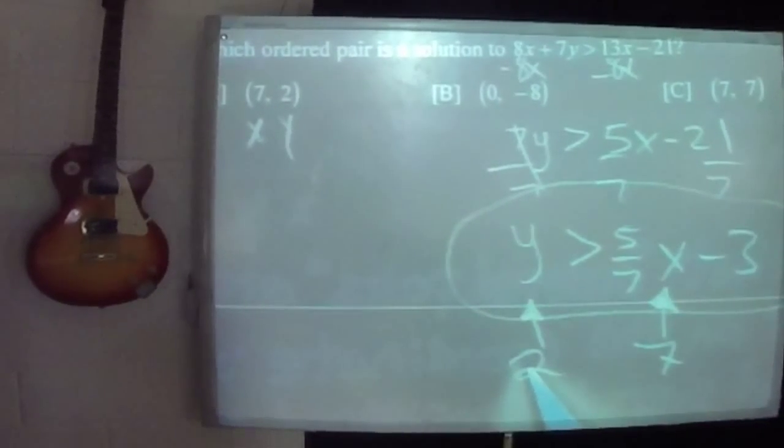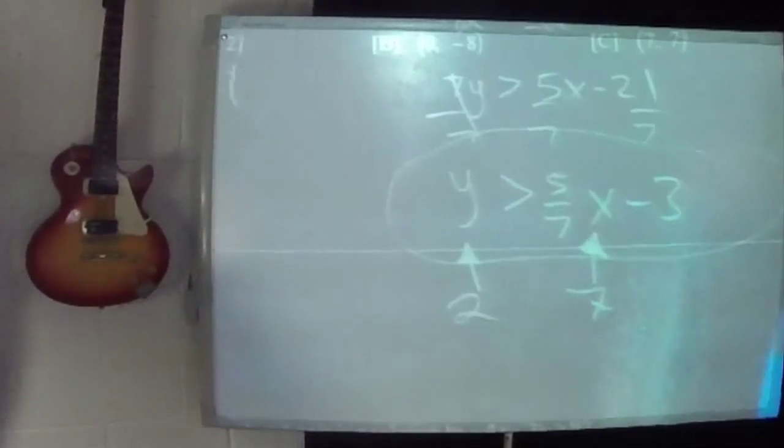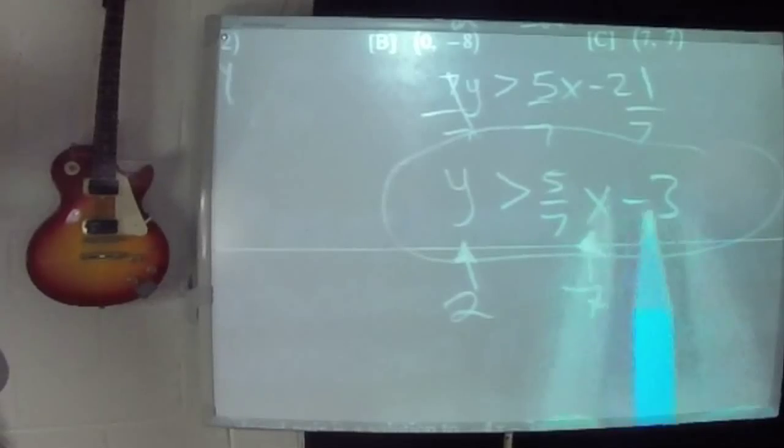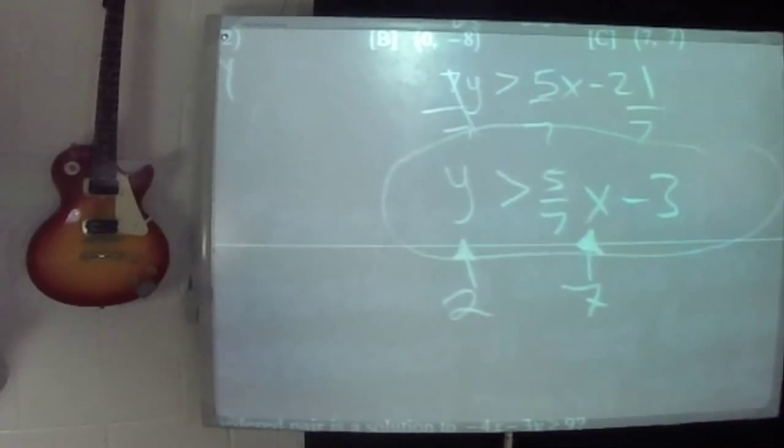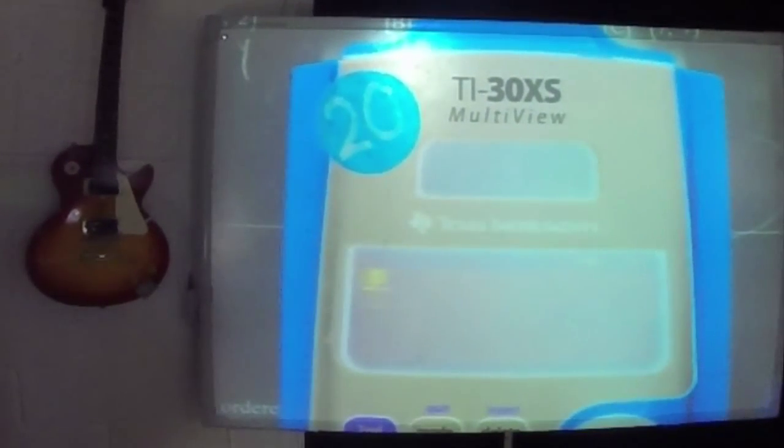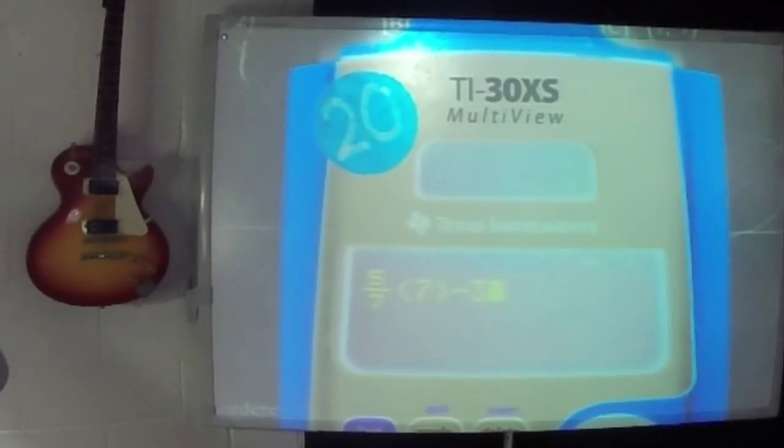This is the y, and this is the x. So calculate 5/7 times 7 minus 3. I'm punching these in the calculator just a little bit.